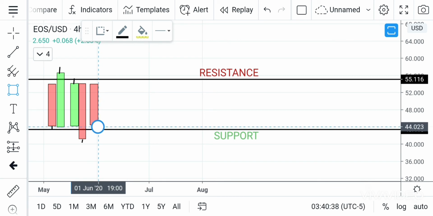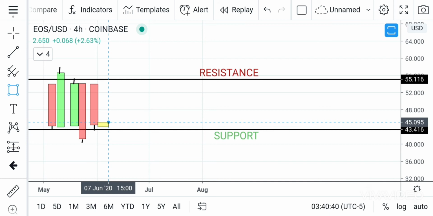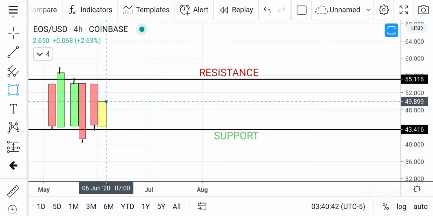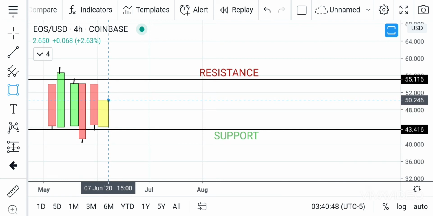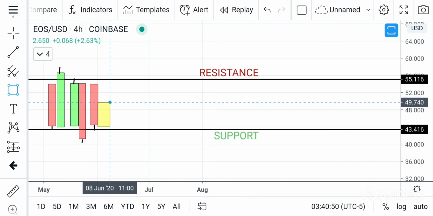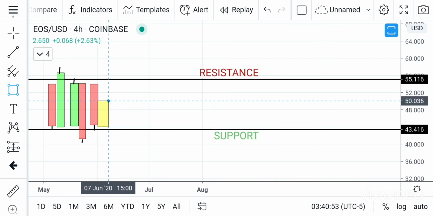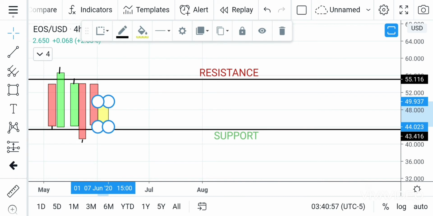The next candle opens like this, and buyers start pushing the price up to like 50% to 60% of the body of the previous candle. They push it up to 50% of the previous candle, and it closes.